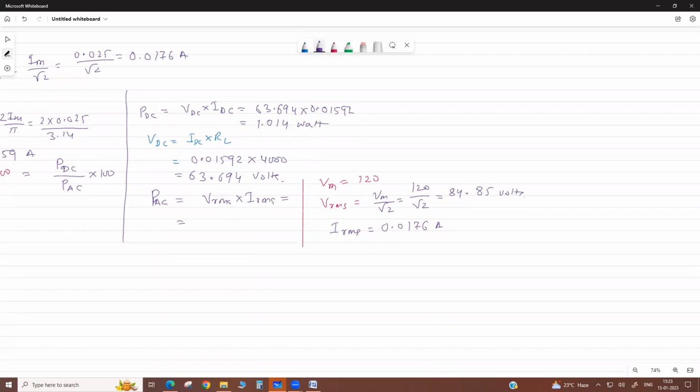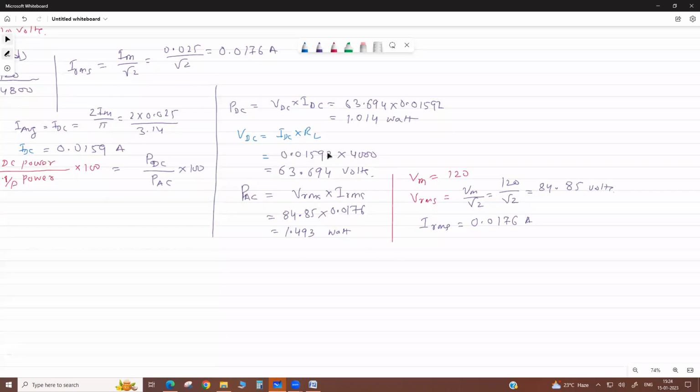Now if we put the values here, RMS 84.85 into 0.0176, it comes to 1.493 watt.